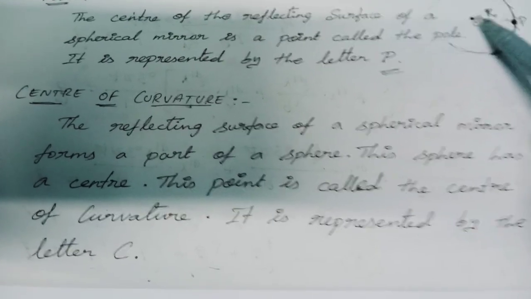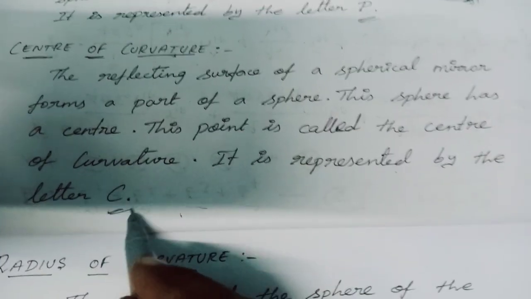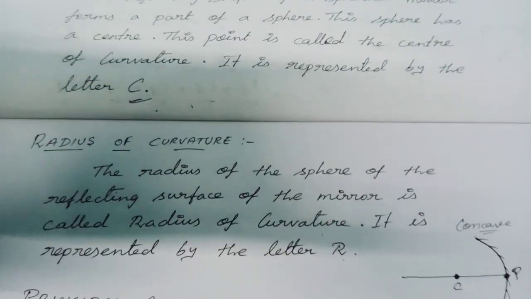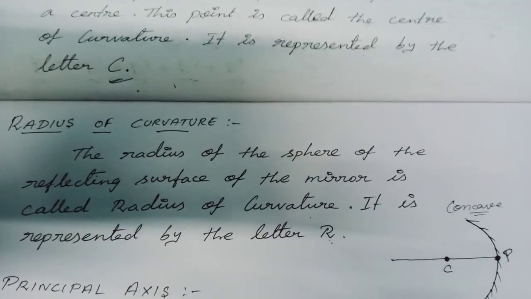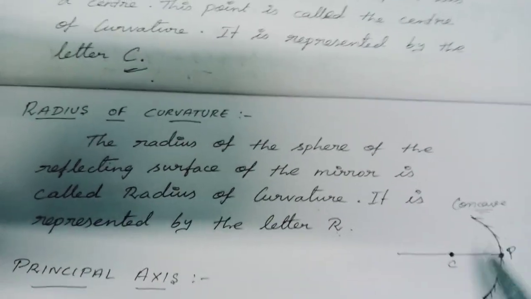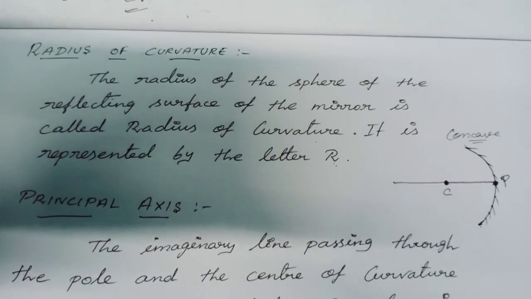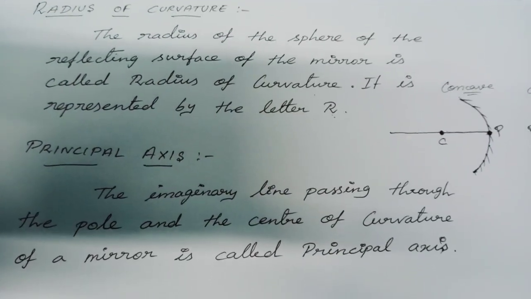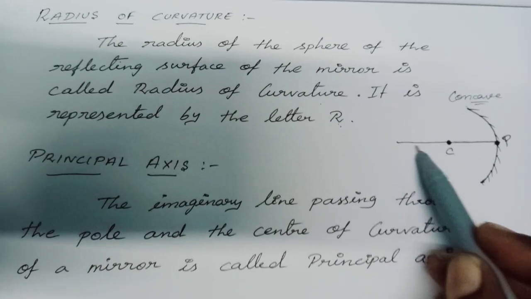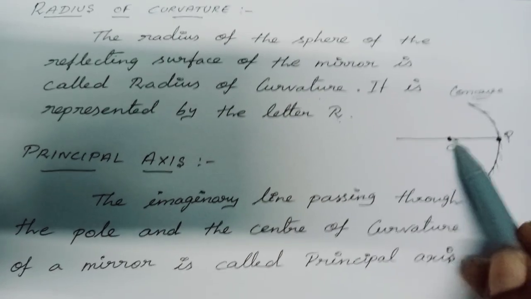That center point is called the center of curvature, represented by the letter C. Radius of curvature: the radius of the sphere of the reflecting surface of the mirror is called the radius of curvature. That is this distance. It is represented by the capital letter R. Then principal axis: the imaginary line passing through the pole and the center of curvature is called the principal axis. Is it clear, children?